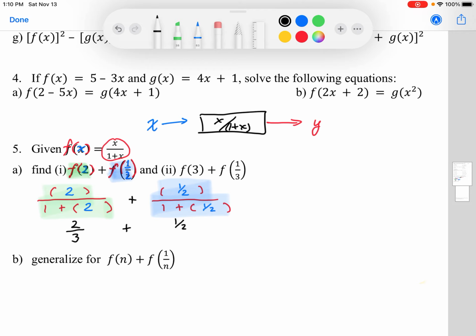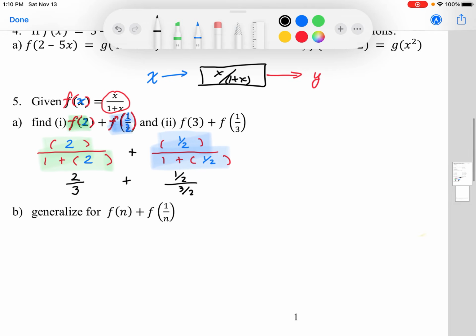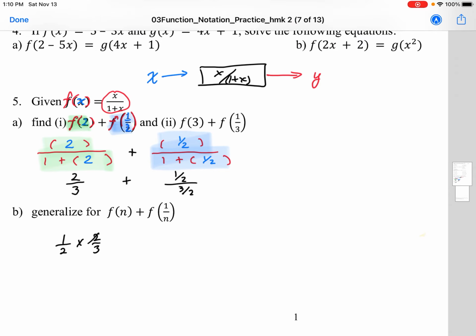This is going to be 1/2 divided by 1 plus 1/2, which is 3/2. Over here, I'm just going to calculate that: 1/2 divided by 3/2, so we multiply by the reciprocal. Those cancel out, and we end up with 2/3 plus 1/3, and that gives us a value of 1.